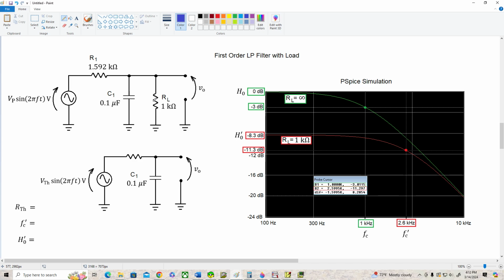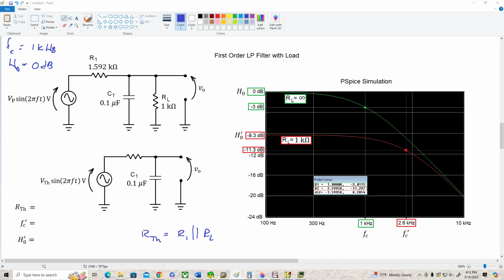Under no load conditions, F sub C would equal 1 over 2 pi R1 C1, and that would be 1 kilohertz for this filter. And of course H sub 0 would be 0 dB. RTH for this circuit is 1.592k in parallel with 1k, as RTH equals R1 in parallel with RL.